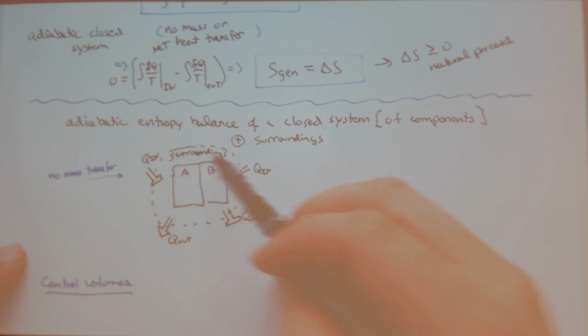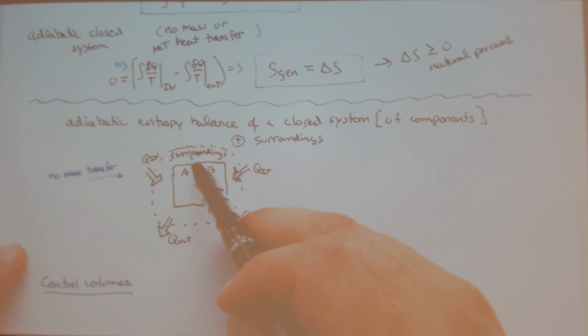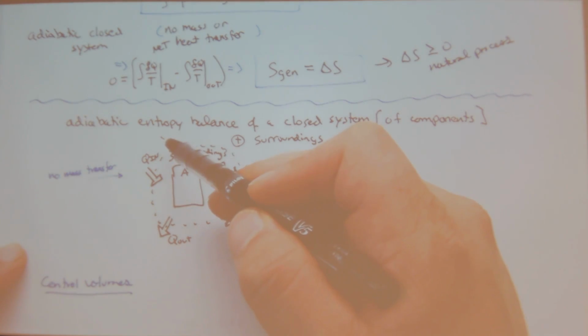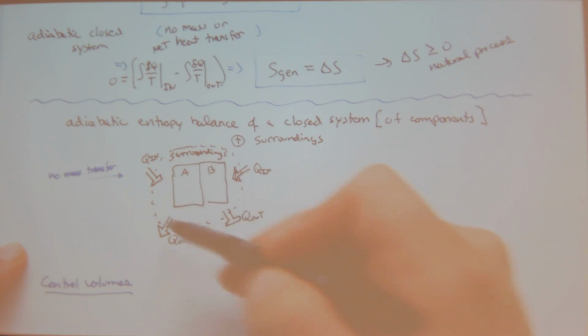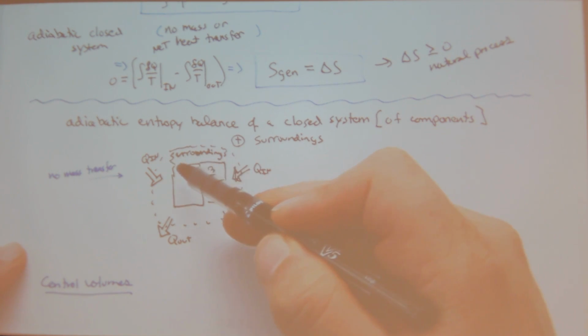So there's no mass transfer across my boundary. So here I have closed system. So there's no mass that crosses this boundary. And within that I have surroundings. Of course, outside I have more surroundings. But here I have a multi-component system. So say this is your computer, this is you, this is the room you're in.